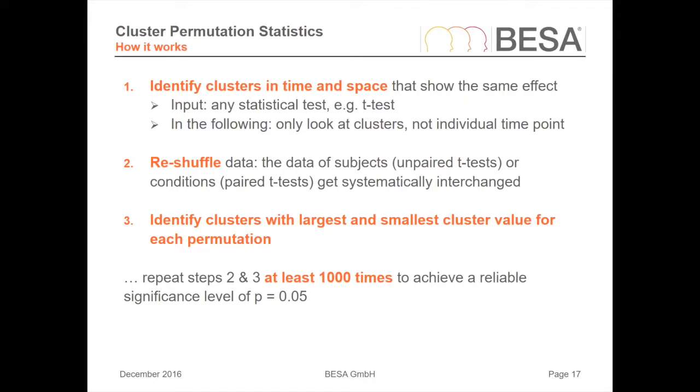We then reshuffle the data, so data of subjects or conditions, depending on whether we have unpaired or paired tests, get systematically interchanged. And in these reshuffled data, we identify the clusters with the largest and the smallest values for each permutation. And these steps are repeated at least 1,000 times in order to achieve a reliable significance level of p equals 0.05.